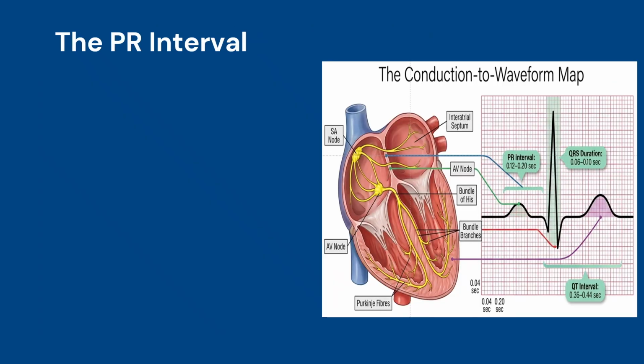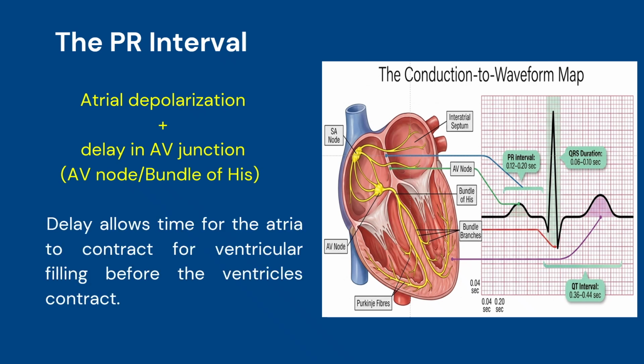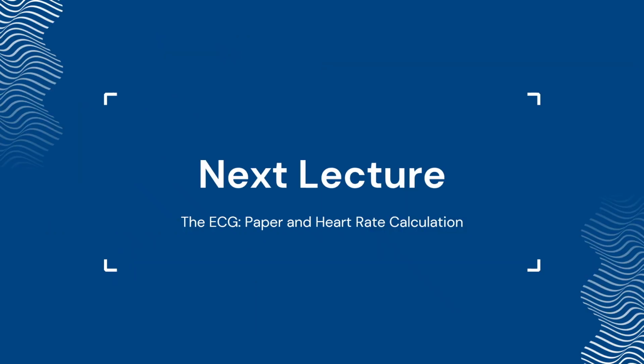And this is to clarify about the PR interval: it covers the atrial depolarization plus the delay in the AV junction, AV node, and bundle of His. This delay allows time for the atria to contract for ventricular filling before the ventricles contract.